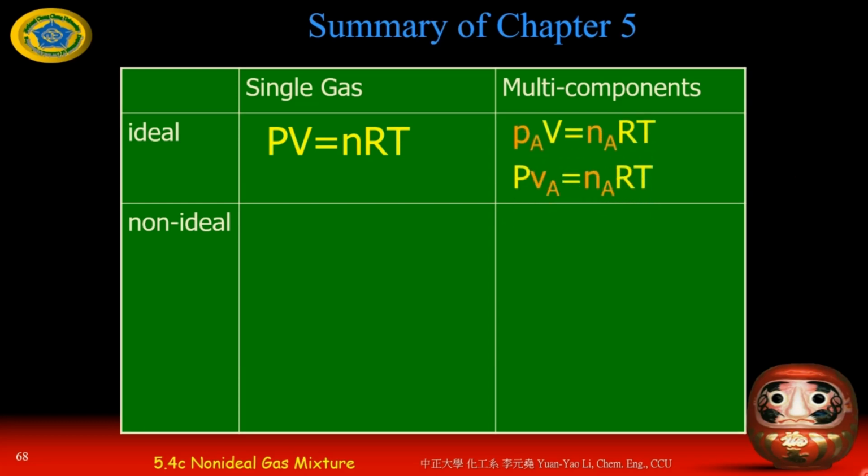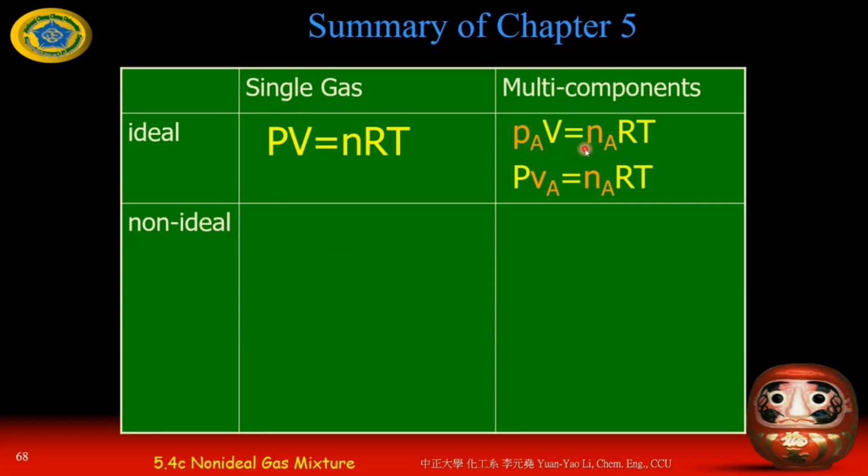We use Dalton's law and Amagat's law to deal with the multi-component ideal gas equation of state, right? So this is Dalton's law, this is Amagat's law. How about the non-ideal gas equation of state?